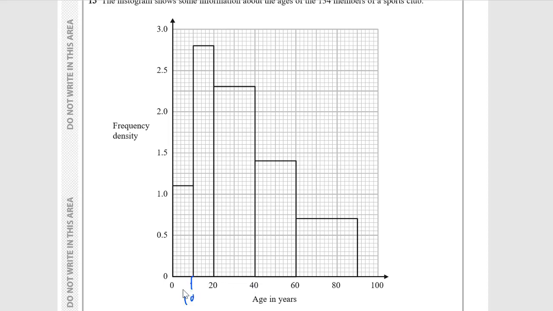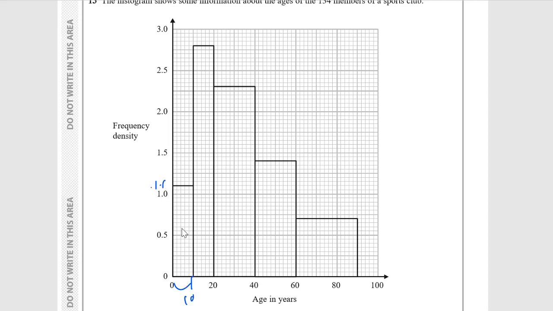So that means 10 multiplied by, and then as you go up here, you get 1, 2, 3, 4, 5, 6, 7, 8, 9, 10. So that's 0.5 as you go up. Sorry, that's 0.05. So that means this one here is going to be 1.1.